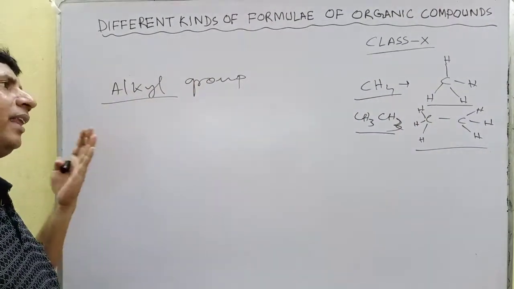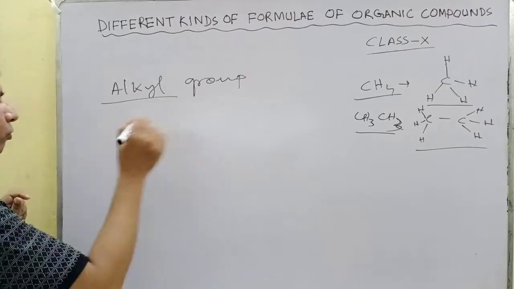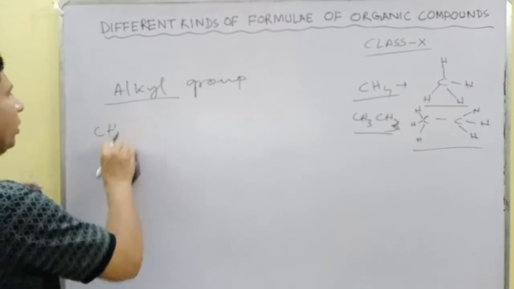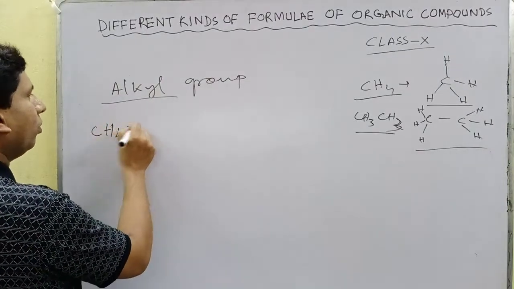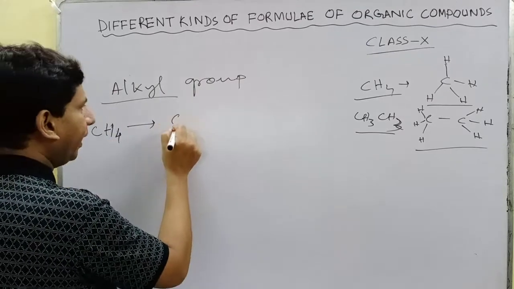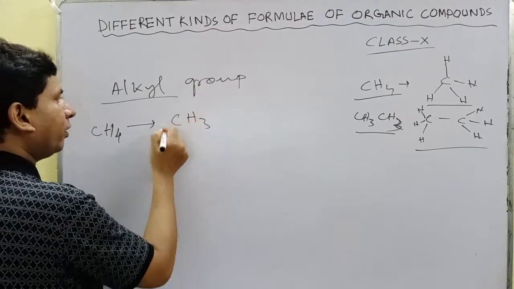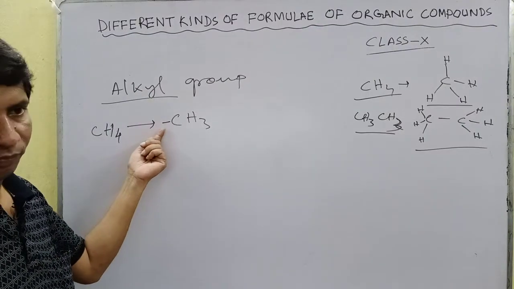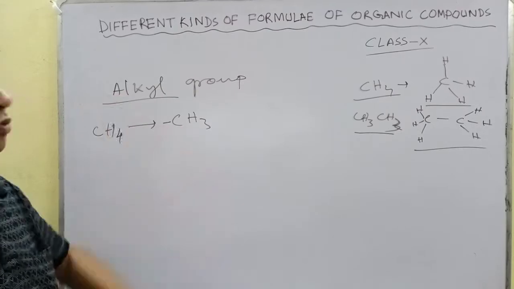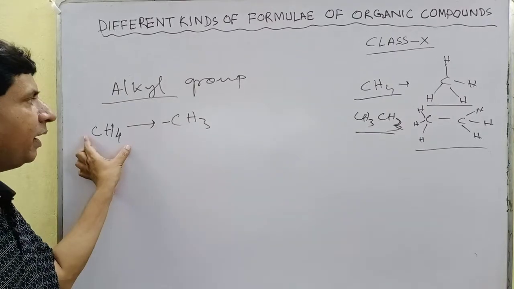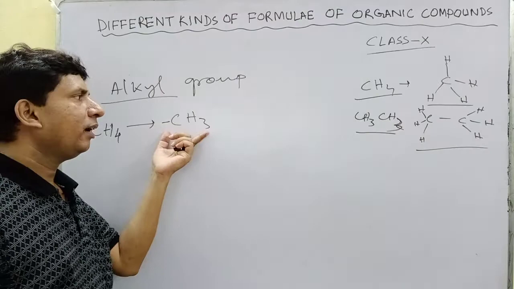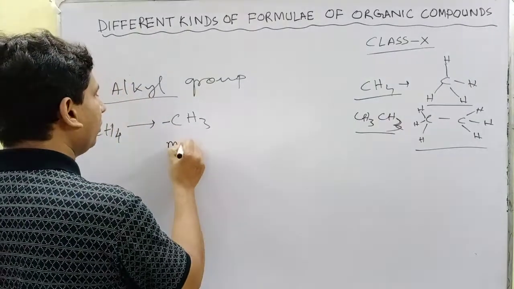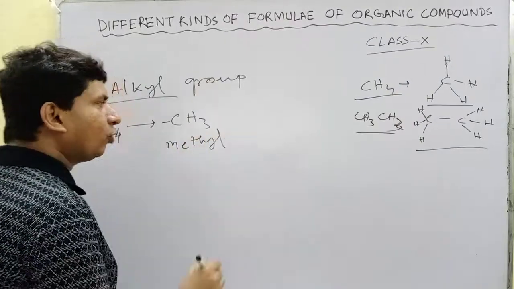So what is the alkyl group? From methane, if I remove one hydrogen, then we will get 3 hydrogen and 1 carbon, and there is an empty hand, because 1 hydrogen is removed. So from methane we will get a group that is known as the methyl group.